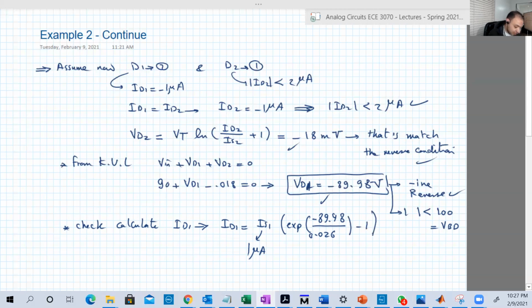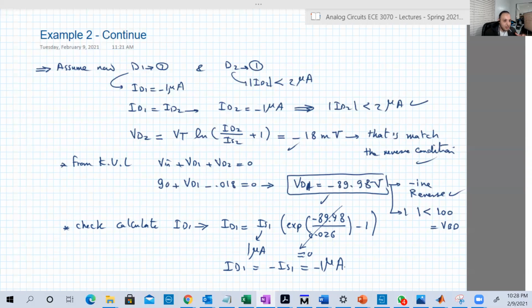If you do that, you will find in the calculator that the exponential is just equal to 0. So ID1 equals minus IS1, minus 1 microampere. Now everything is in its place. Now the puzzle is completed. We solved it. Okay.